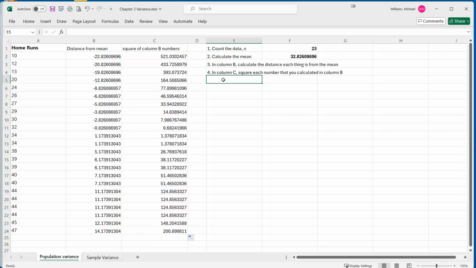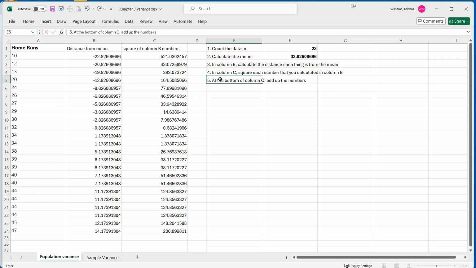Now what do we have to do? We have to add these up. These are called the squared residuals, by the way, or something like that. At the bottom of column C, add up the numbers.